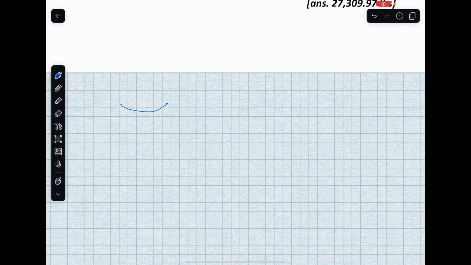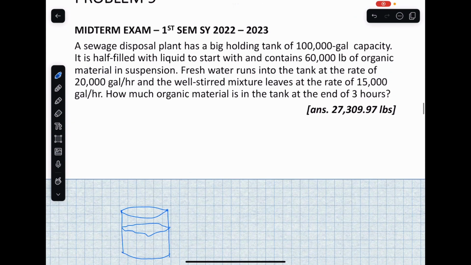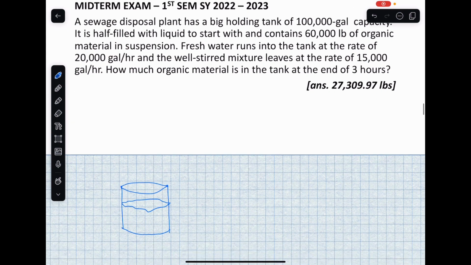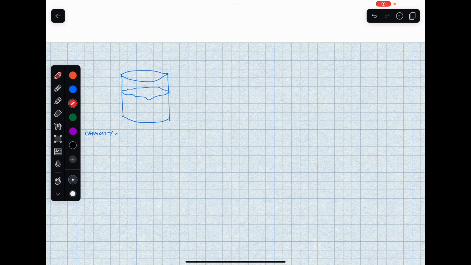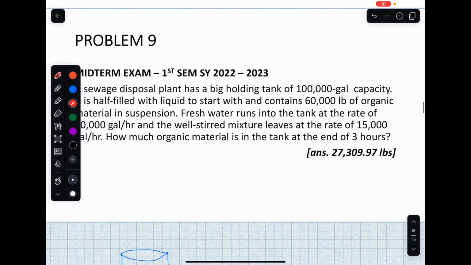So we have a sewage disposal tank. Initially, the capacity is 100,000 gallons. That's the capacity, that's not the volume.